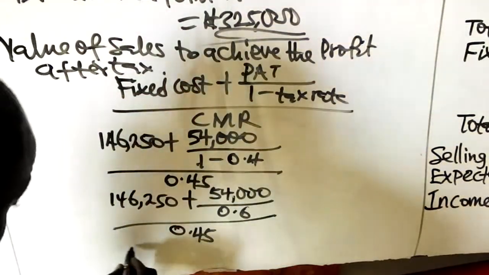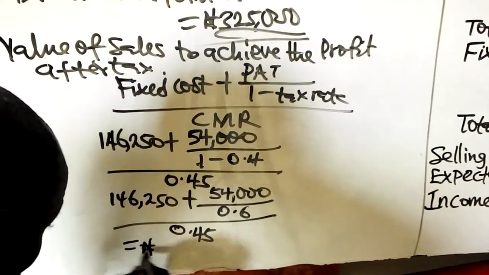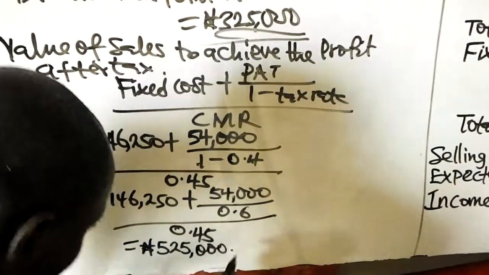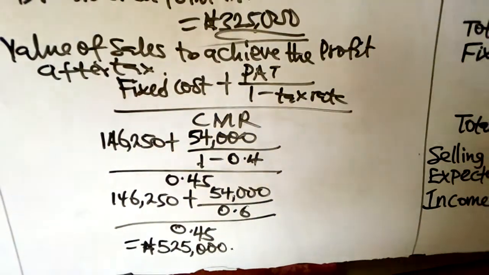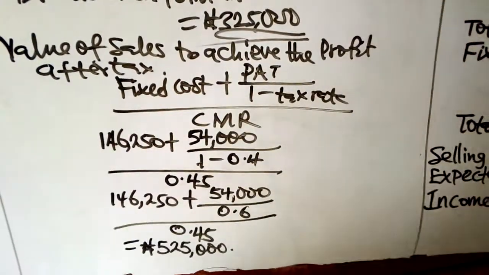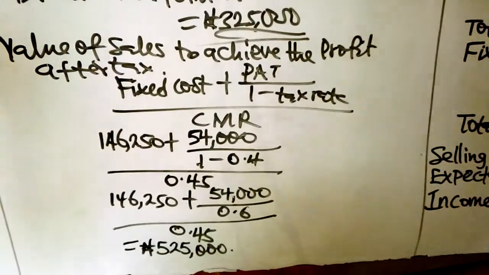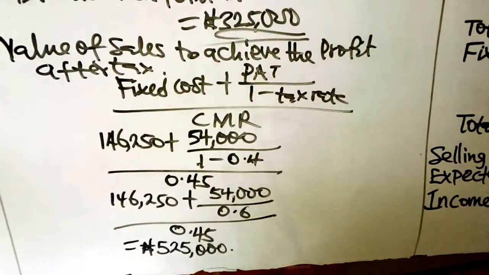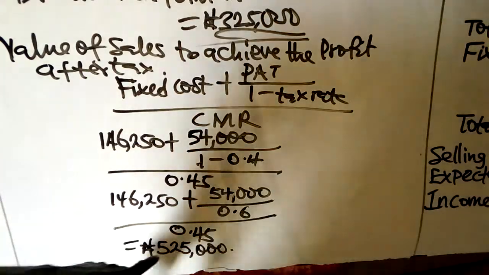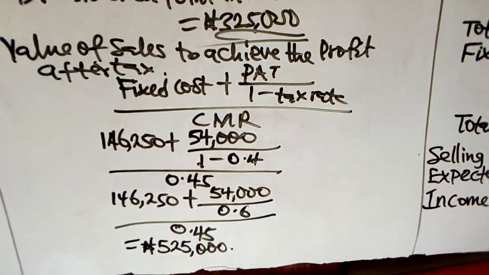So the answer is 525,000 naira. The required sales level in naira for 19B to give an after-tax net income of 19A is 525,000 naira.